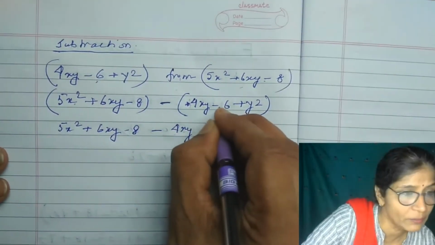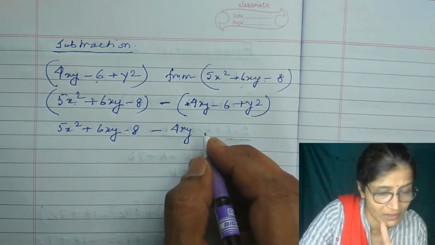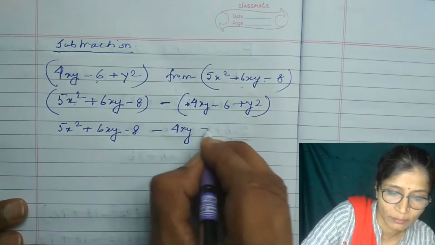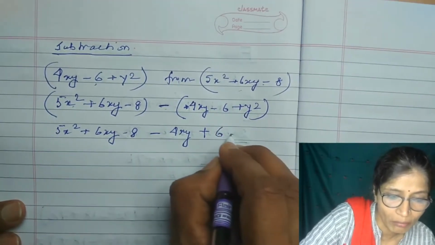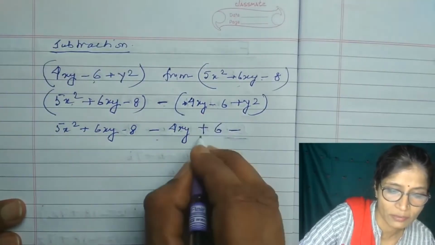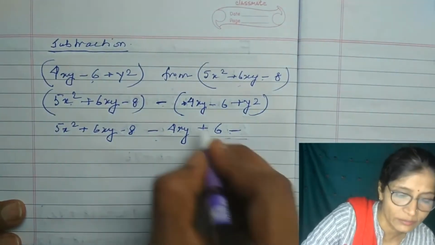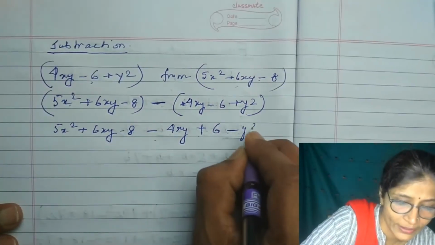Why will this minus become plus? Because minus into minus is plus. So it will become 6. And this plus will become minus. The sign of all will change: plus will become minus, minus plus, plus minus. Why minus? Because of this subtraction sign. So this will be y square.